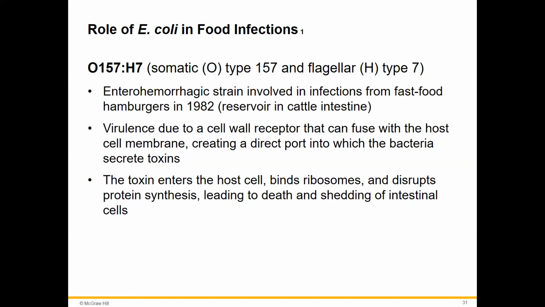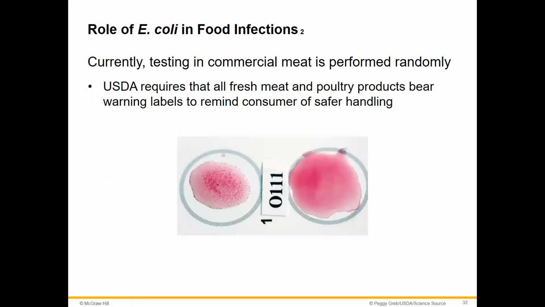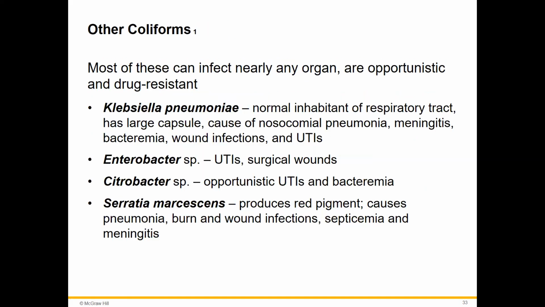And that's where you can get some of that bleeding, that hemorrhage, and then obviously destruction or decreased absorption. So if you had to know one severe type of E. coli, this would be the one to know. We test meat now to make sure that we don't spread this, which is good.